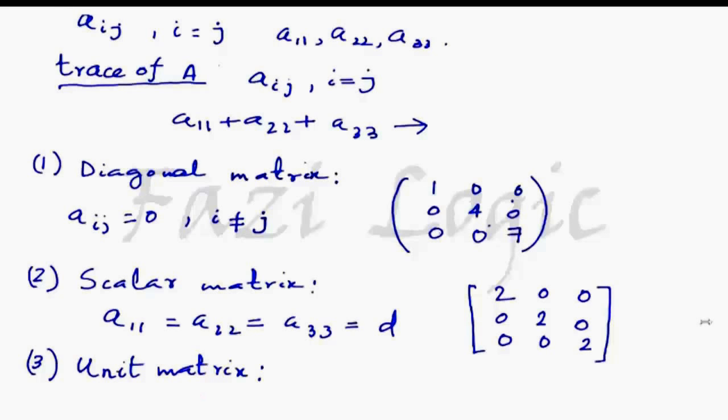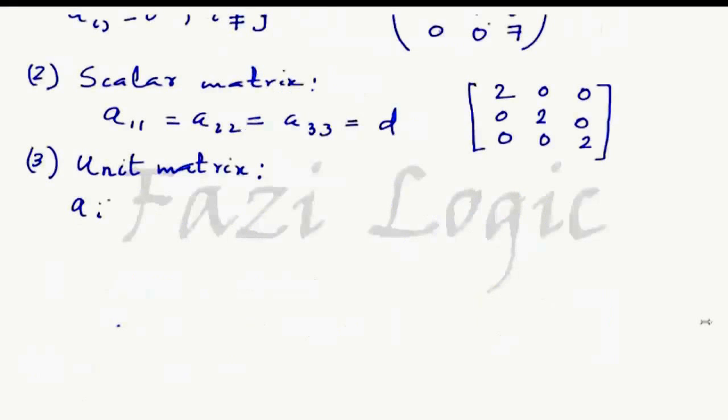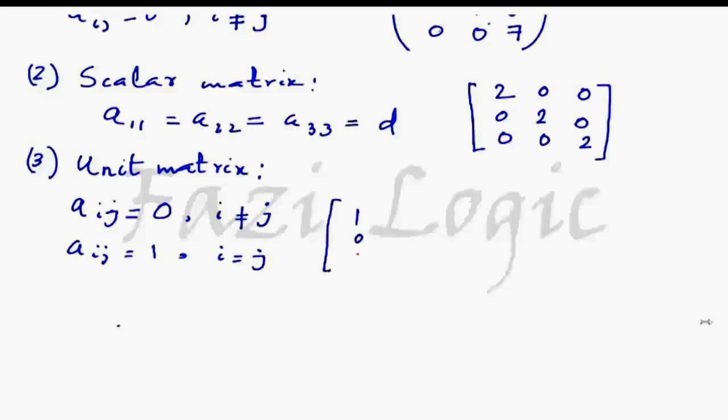That is, Aij equal to 0 where i not equal to j, and Aij equal to 1 where i equal to j. This is a unit matrix of order 3.